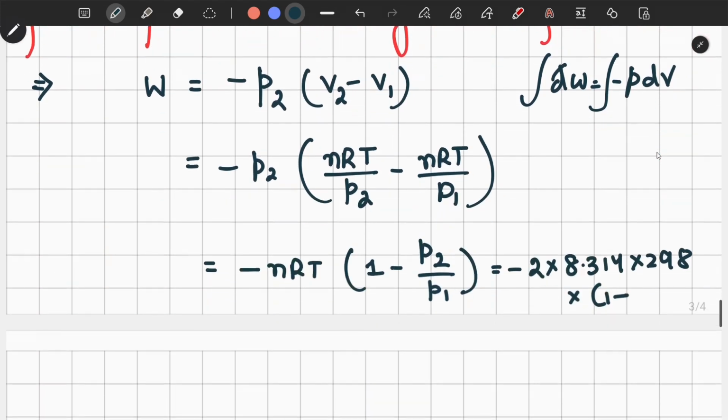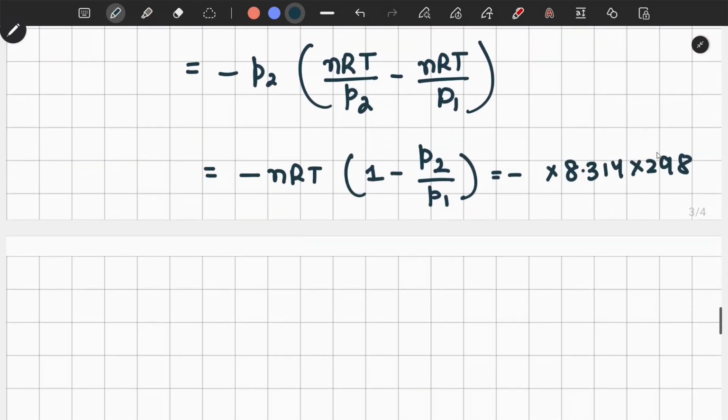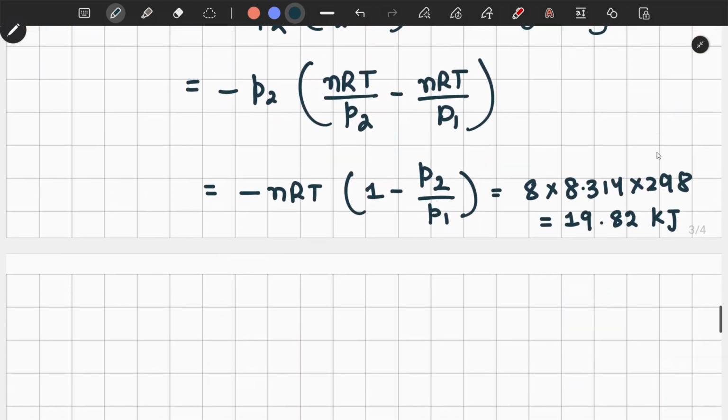So it is just 1 minus 5, so it is minus 4. So you have to just multiply this. So it is 8.314 into 298. So it is 19.82 kilojoules. And now the second part.